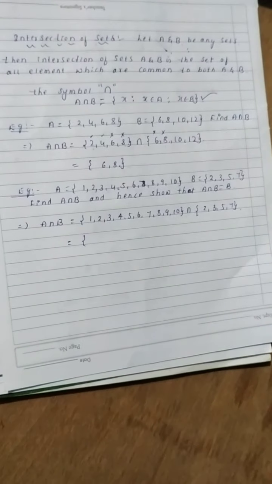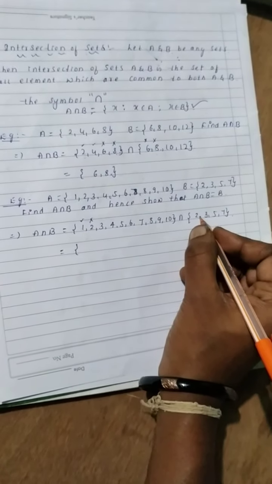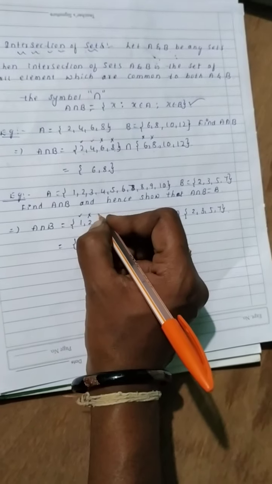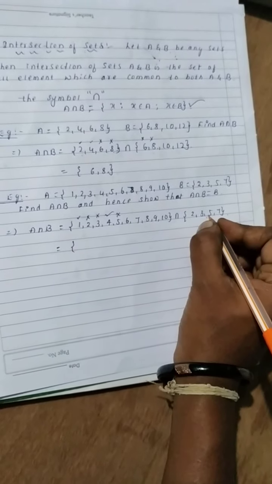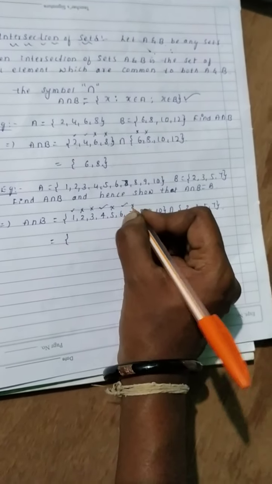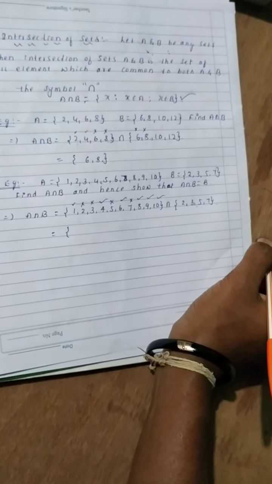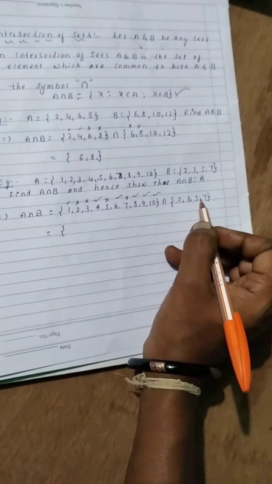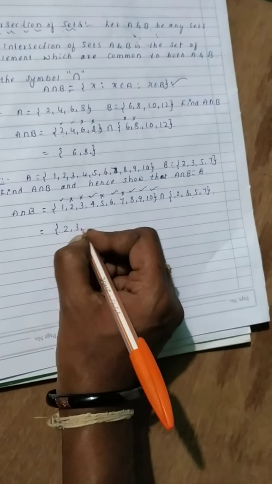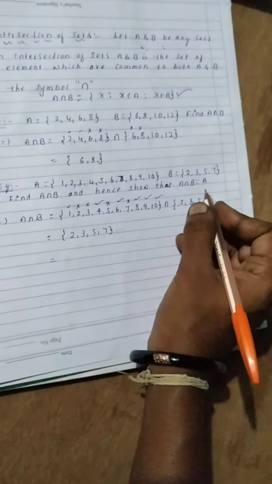Intersection is nothing but the common elements in both sets. 1 is not there, 2 is there, 3 is there, 4 is not there, 5 is there, 6 is not there, 7 is there, 8 is not there, 9 is not there, 10 is not there. So the common elements in both sets are 2, 3, 5, 7. This is the set for the intersection of these two sets.